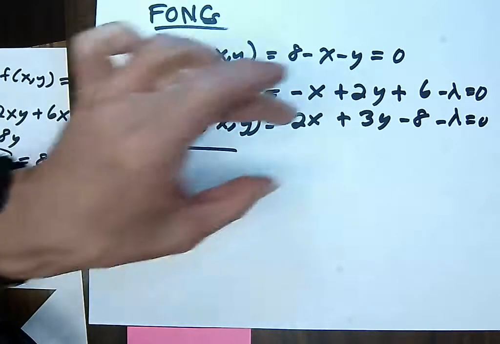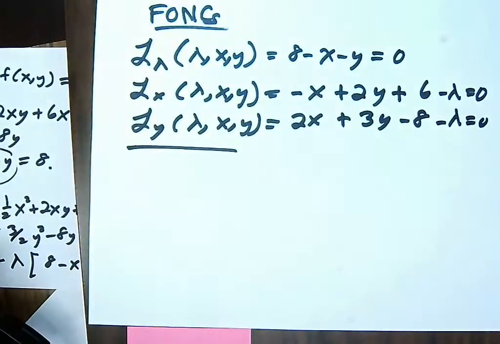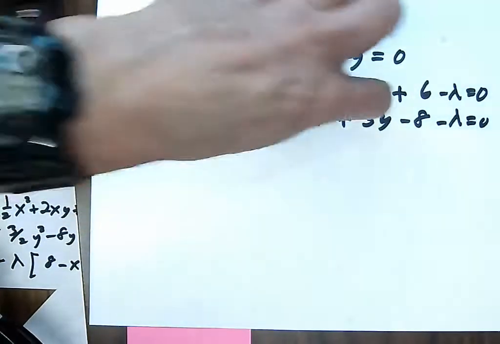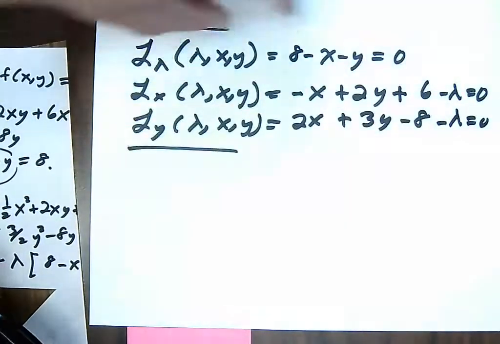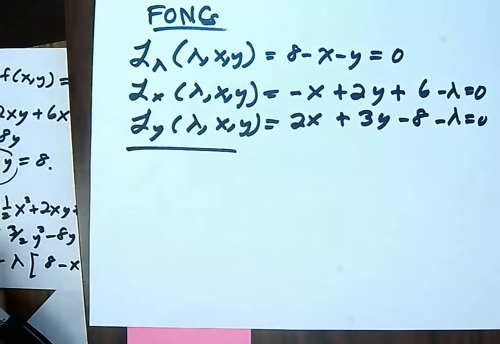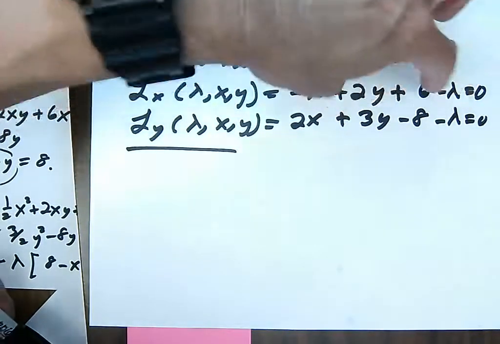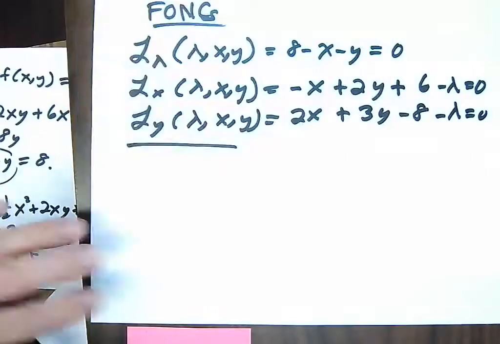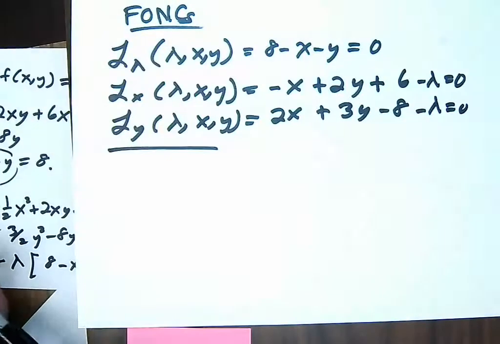So what I want to do is take those last 2 first order necessary conditions and try to eliminate lambda and reduce that to 1 equation containing the variables x and y, combine that with the first order necessary condition, and then we'll have 2 equations in x and y that we can easily solve. So somehow we have to take those last 2 first order necessary conditions and eliminate lambda.